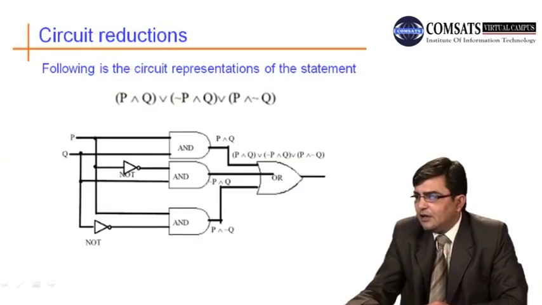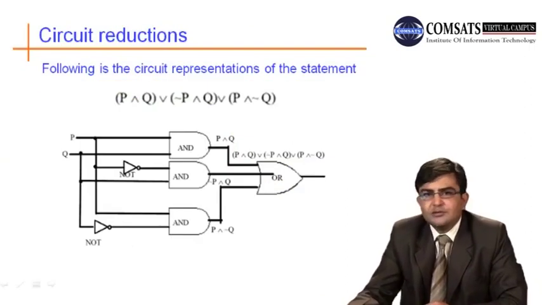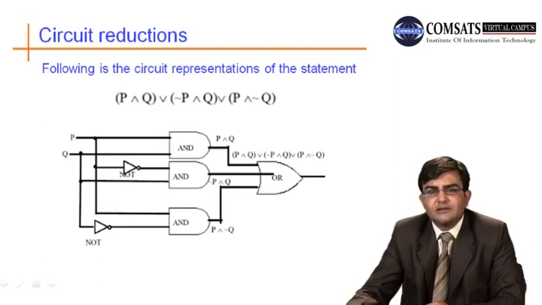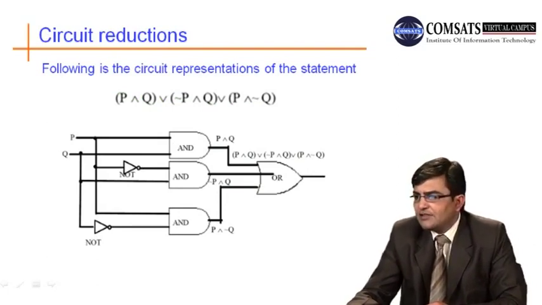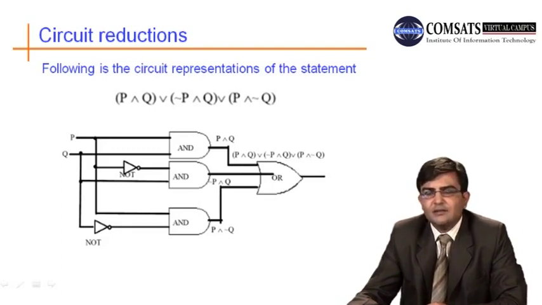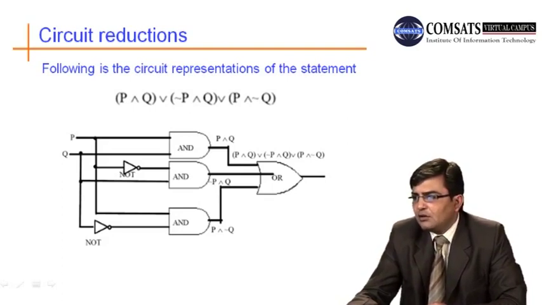We shall see how to reduce a circuit or prove two circuits to be equivalent. For example, if we take the same circuit as we constructed in the previous example, P and Q, or not P and Q, or P and not Q, we have found that the circuit corresponding to this logical expression is this.